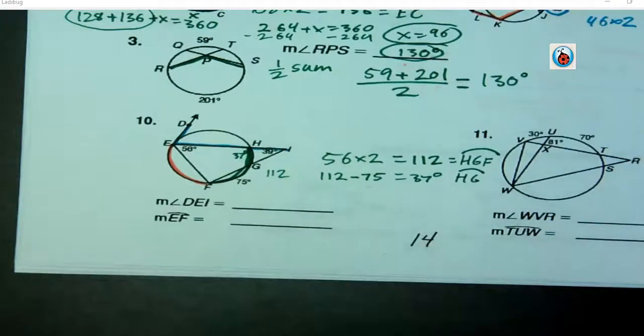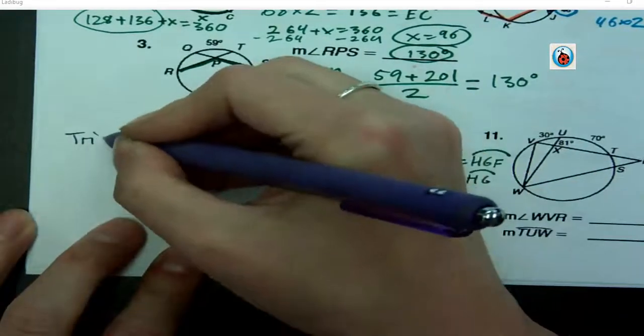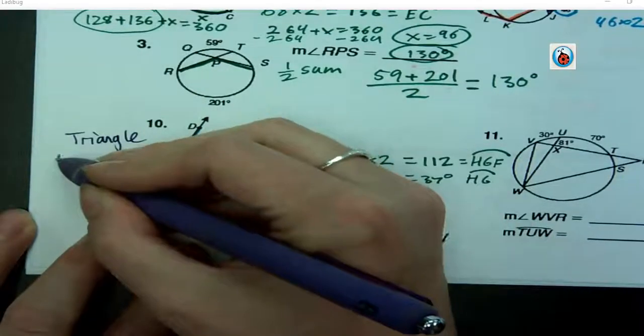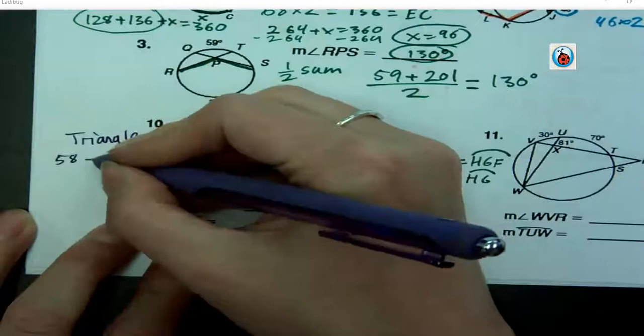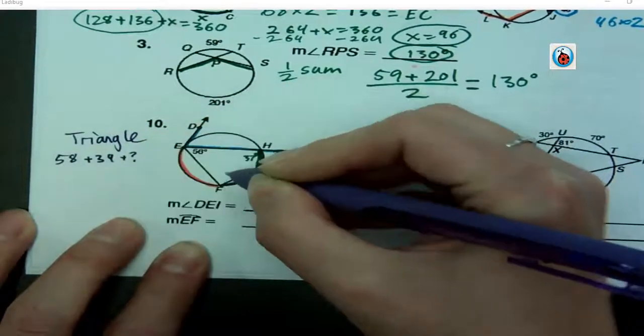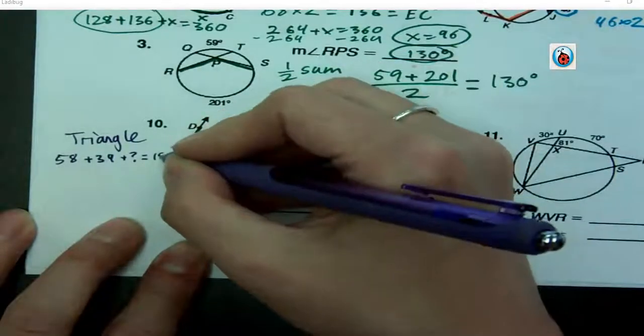I can also recognize my triangle. So if I have a triangle with 58 plus 39 plus my missing angle equals 180.